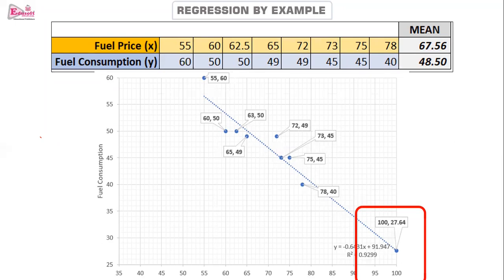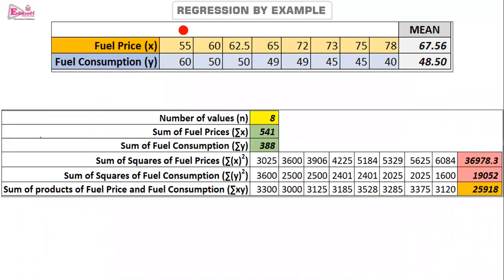Fuel price is denoted by X, fuel consumption by Y. Let us see how we go about it. There are certain calculations which you have to do before going into the analysis. First of all, you have to count how many data values there are. As you see, there are 8 data values clearly given, in the yellow color cell.